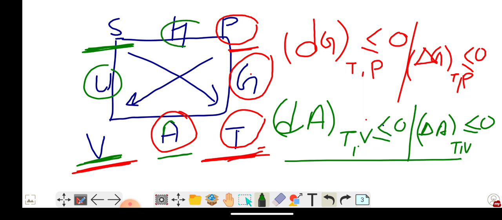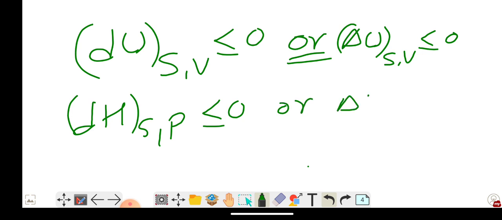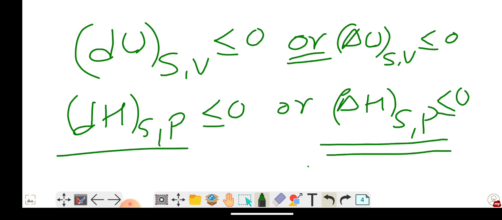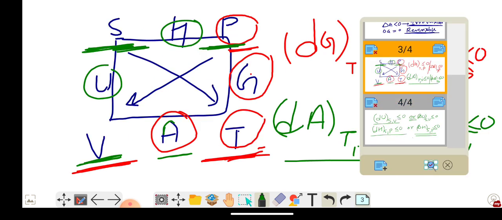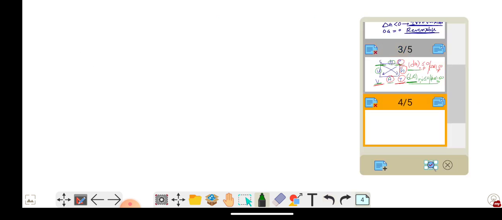Now we have H, so S and P are adjacent to H, so we can write dH at constant entropy and pressure is less than or equal to 0, or delta H at constant S and P is less than or equal to 0. So these are the four spontaneity criteria in terms of delta U, delta H, delta Z and delta A.